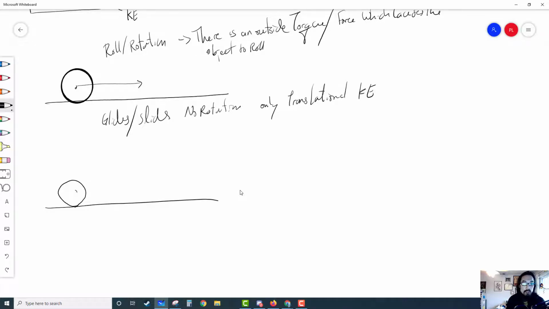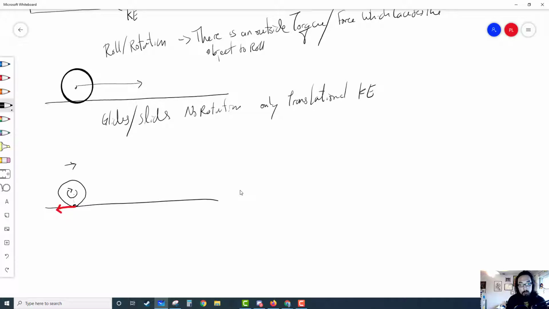So if we want this object to rotate like this in a clockwise fashion, that must mean that something will cause it to rotate in a clockwise fashion. And then we can say that it is the force of friction that will push this object at this location right there where it makes contact with the floor, and it's going to push it to the left. So when it pushes it to the left, it'll cause it to spin as it is moving forward.